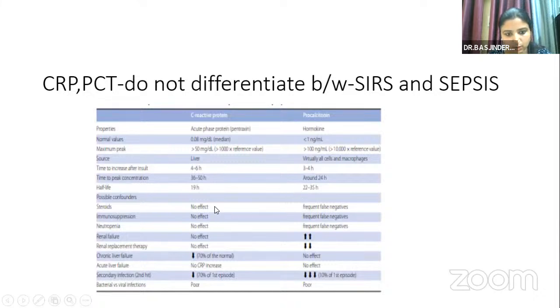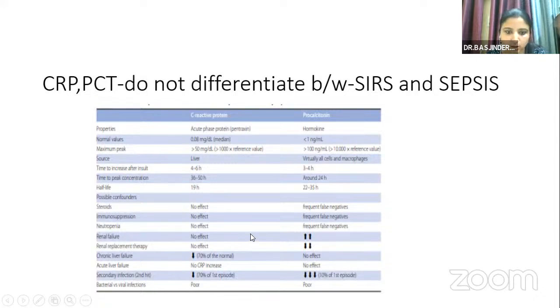The main aim is to learn that steroids, immunosuppression, neutropenia, renal failure, and renal replacement therapy don't show any effect on CRP, but we often get false negative results with PCT in steroid, immunosuppression, and neutropenic patients. While in renal failure, the PCT can rise, and in renal replacement therapy, it can decrease.